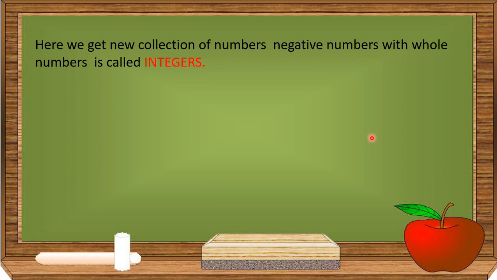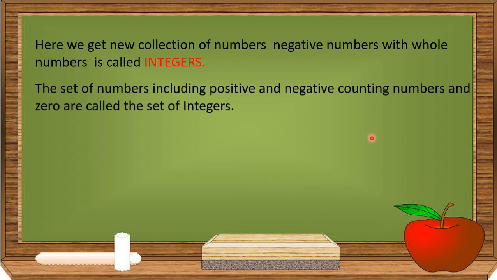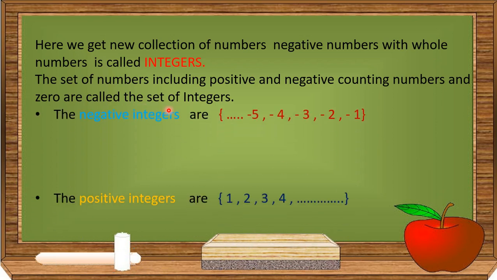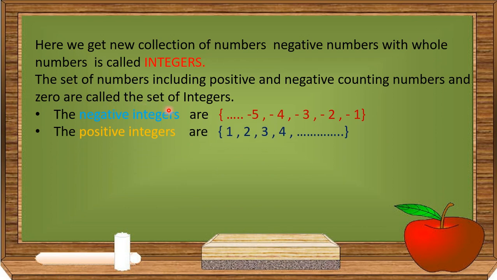So here this collection of numbers with whole numbers, that is, the set of numbers including positive and negative counting numbers and 0, is called the set of integers, and that set of integers has negative integers and positive integers.